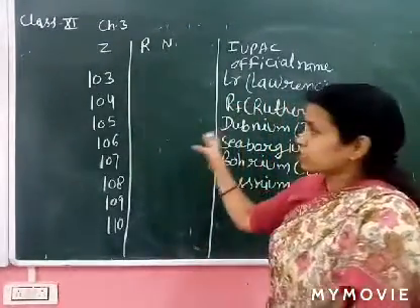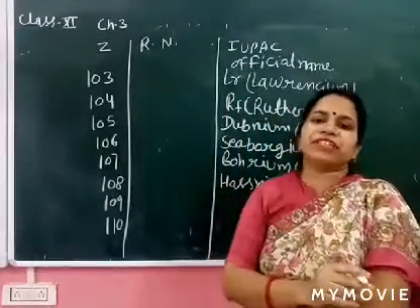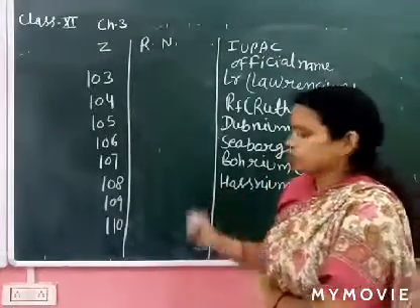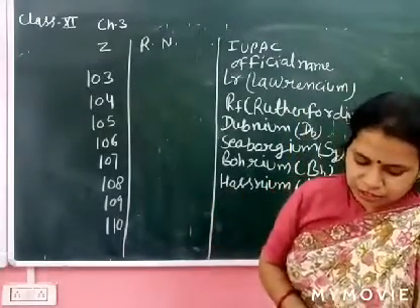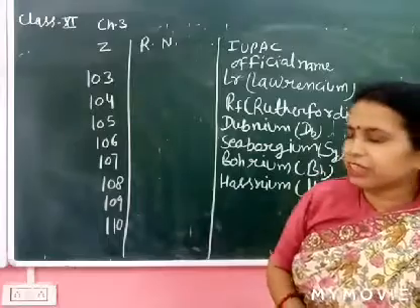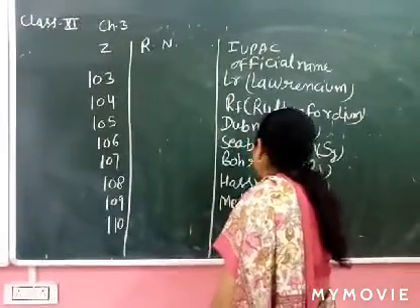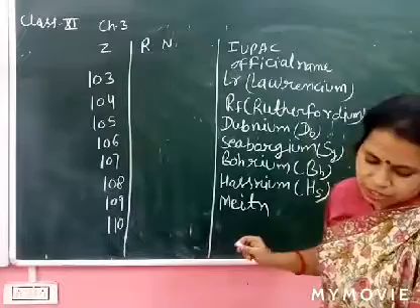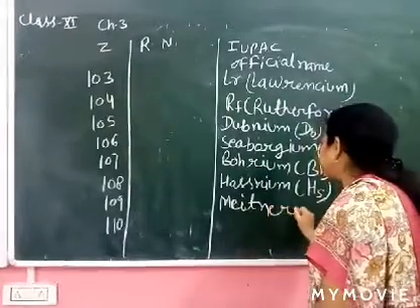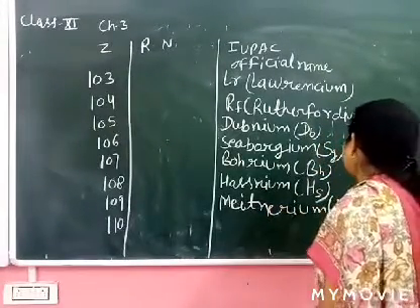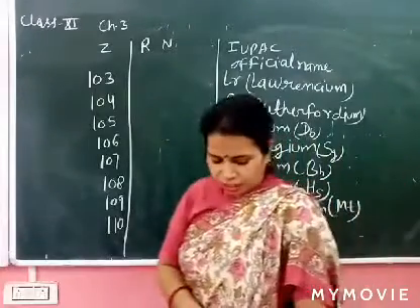Generally these elements are present in the 7th period. 109 is Meitnerium, symbol Mt.